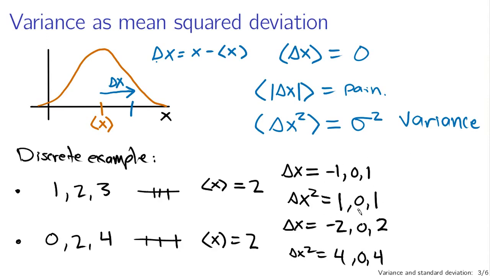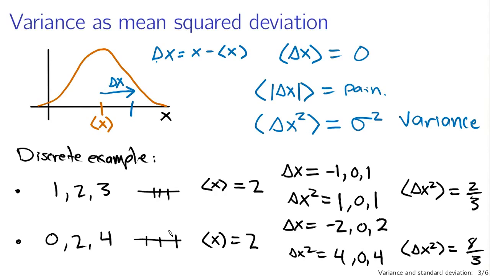Now when you calculate the mean of these squared deviations, in this case, the expected value of the squared deviation is 2/3, whereas in this case, the expected value of the squared deviation is 8/3. So indeed, we did get a larger number for the variance in this distribution.